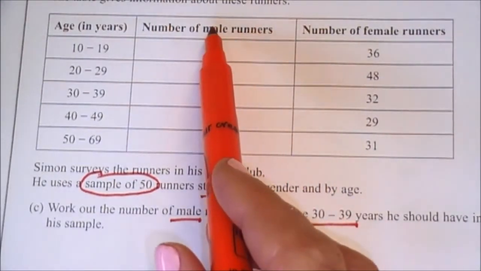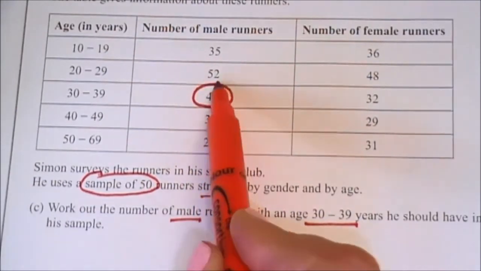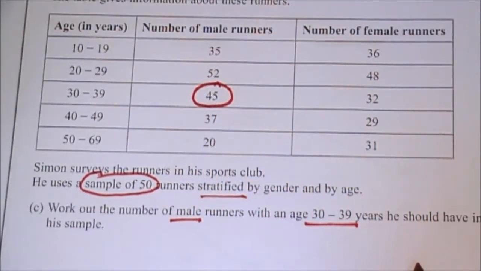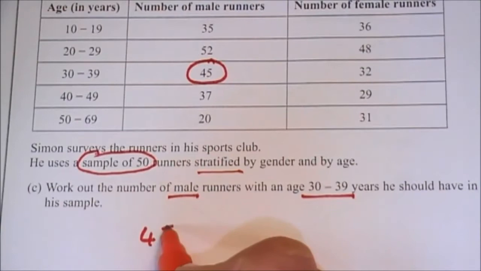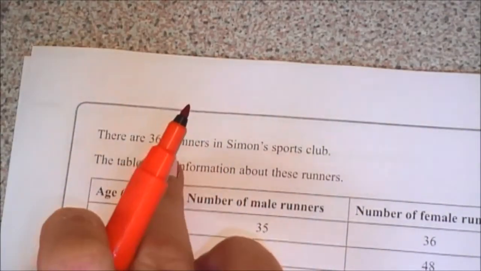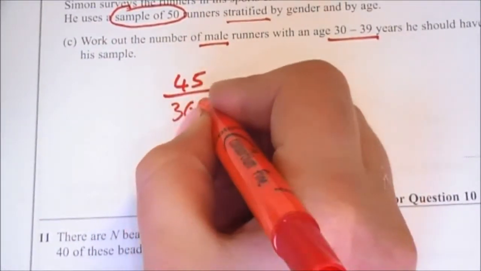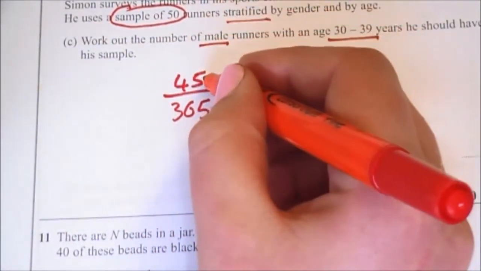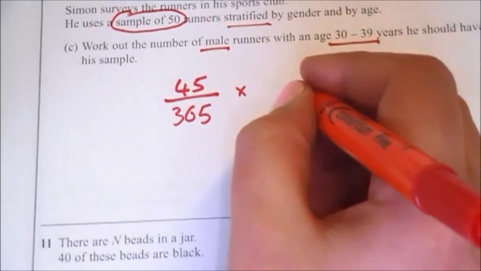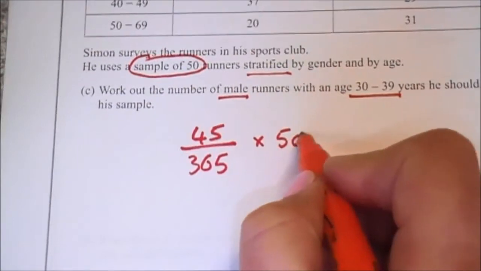So here are the males. Here's the age 30 to 39. So these are the people I'm focusing on at the moment. So there's 45 of them altogether out of a total of 365 runners in the club. So I need to do 45 divided by 365 times by the sample size he wants, which is 50.